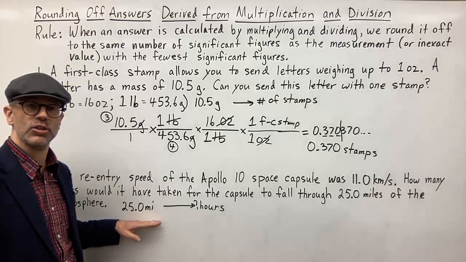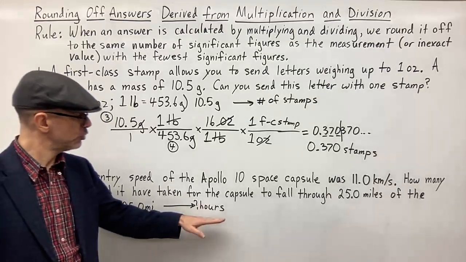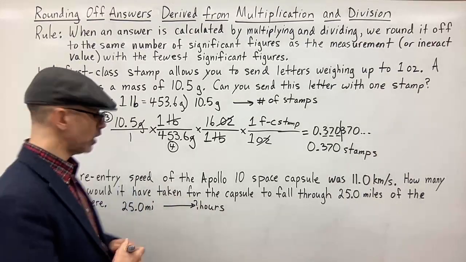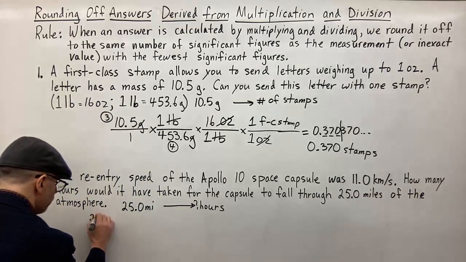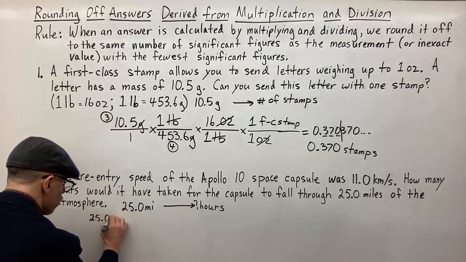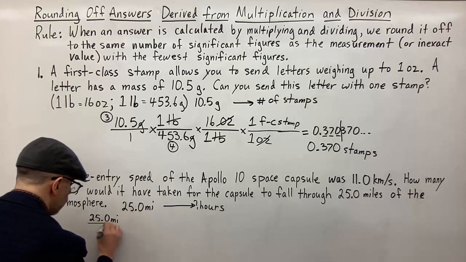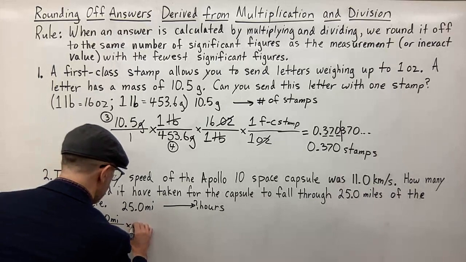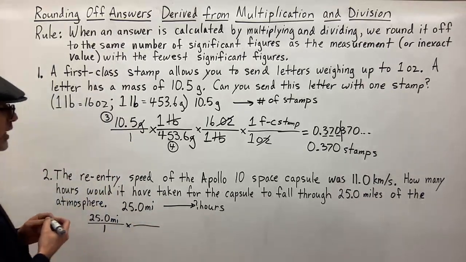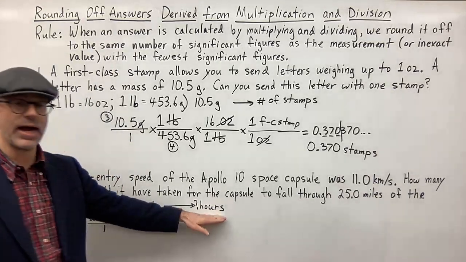So we need to convert 25.0 miles to hours. Let's use our conversion factors. Here we're going to start with 25.0 miles over 1. And we need to convert until we get to time.